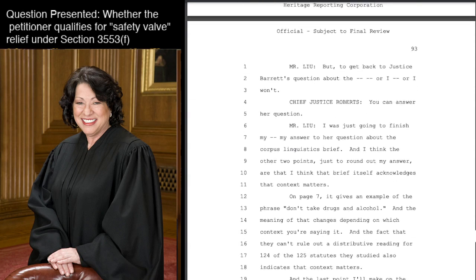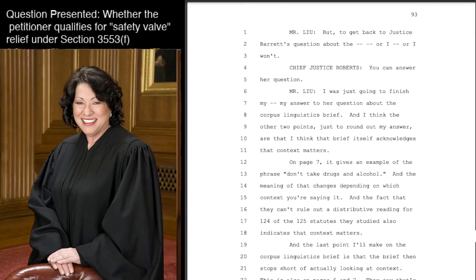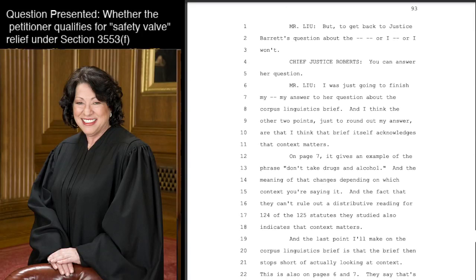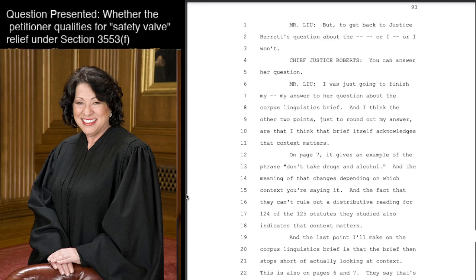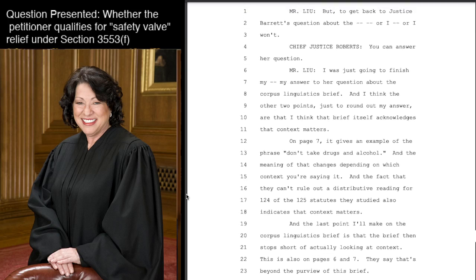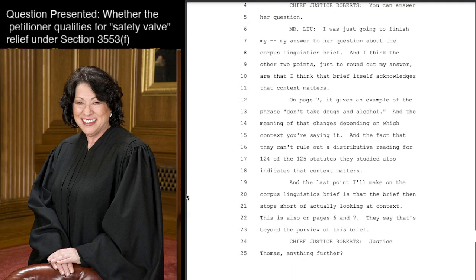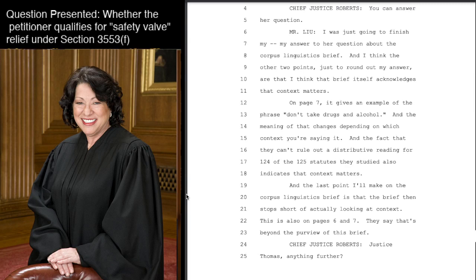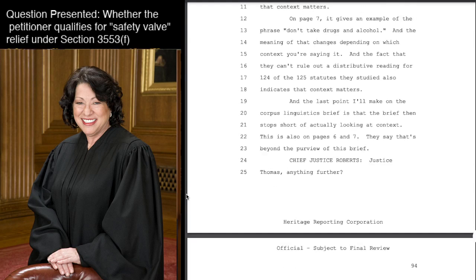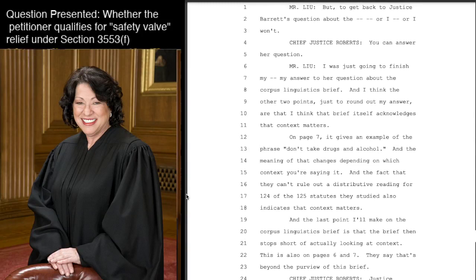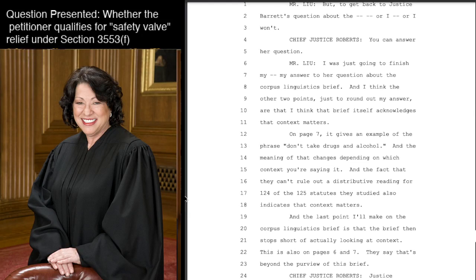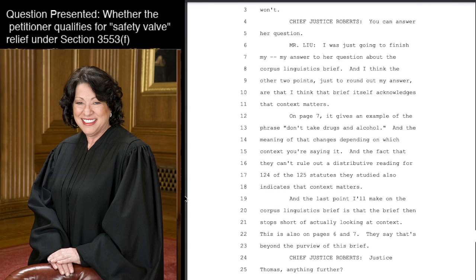But to get back to Justice Barrett's question about the "or"... I was just going to finish my answer to her question about the corpus linguistics brief. I think the other 2 points surrounding my answer are that the brief itself acknowledges that context matters. On page 7, it gives an example of the phrase, "don't take drugs and alcohol," and the meaning of that changes depending on which context you're saying it in.